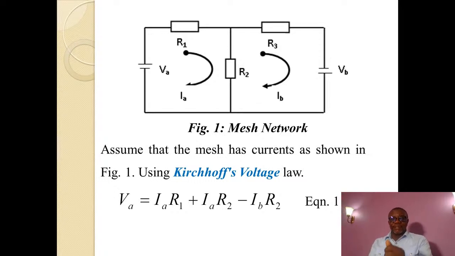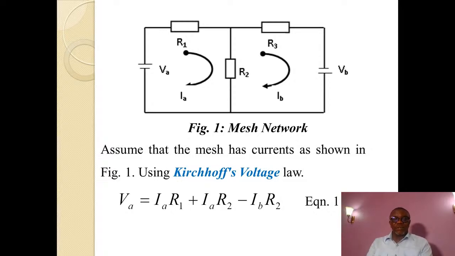Now, let us do an analysis of this circuit, because when we know the values of R1, R2, and R3, we should be able to find the currents IA and IB flowing in the two meshes. Now, assume that the mesh has currents as shown in fig 1 above, that is currents IA and IB, using Kirchhoff's voltage law.